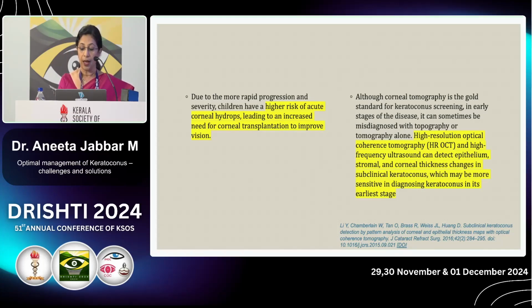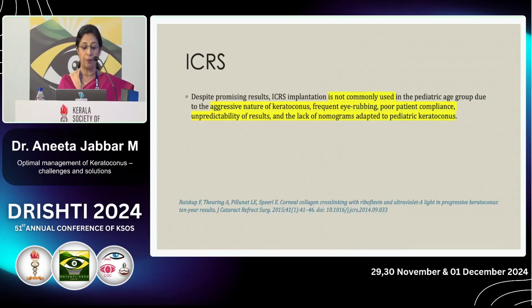The tomography may not be very accurate, but high resolution OCT and high frequency ultrasound can detect epithelial thickness changes, stromal and corneal thickness changes, which may be more sensitive in diagnosing keratoconus in the early stage. So the thing is, you have to pick them up early.